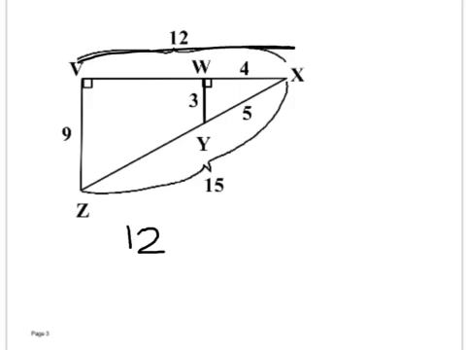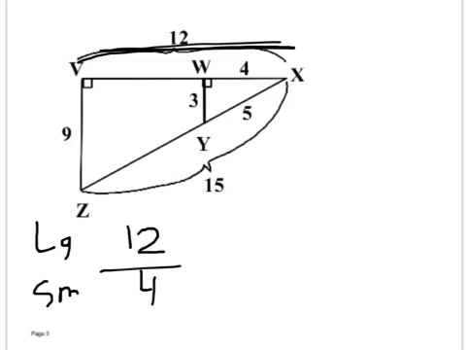I'm going to take 12, this side, and compare it to the side that this should be proportional to. What's the distance of the small triangle? If I go large triangle here and small triangle here, what's the small side? 4. Because this is the side with the right angle, and this is the side with the right angle.